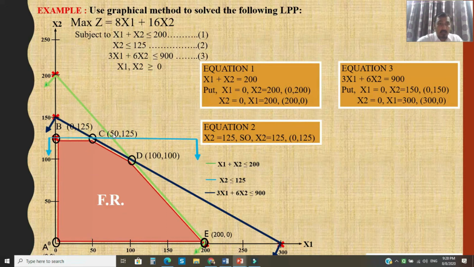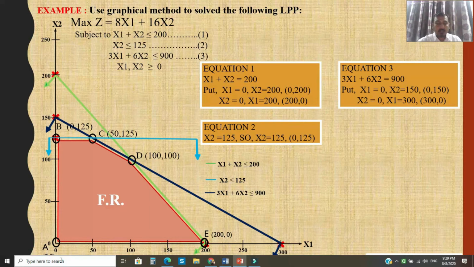So here we get the value of x1 is 50 and x2 is 125. In the same way, at point D, just draw the horizontal line and the vertical line. So here x1 100 and x2 100. And last point E, where x1 200 and x2 0.